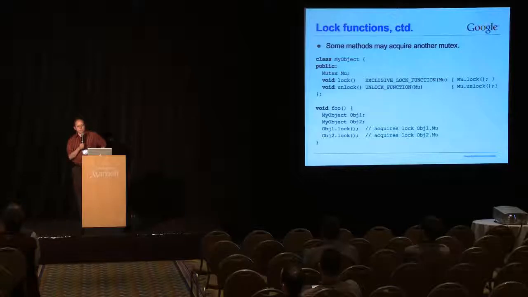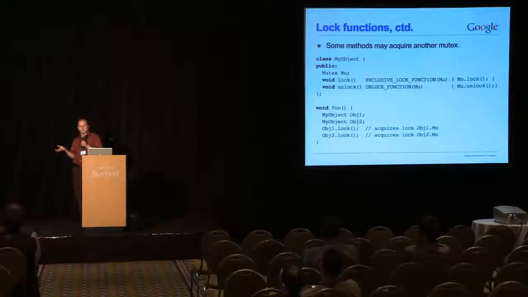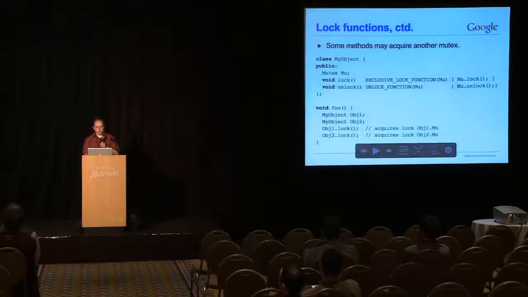You can also do something on classes where the class itself is not lockable, but it is guarded by another mutex somewhere. So here I've put exclusive lock function and unlock function on these two methods, but in the argument to the attribute, I specify the mutex that it's actually locking. There's a little bit of naming magic that goes on here.